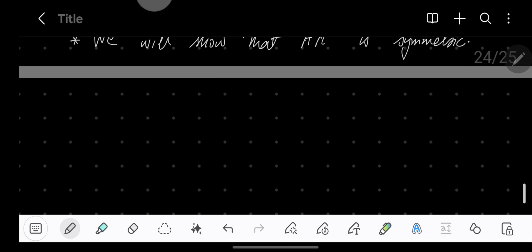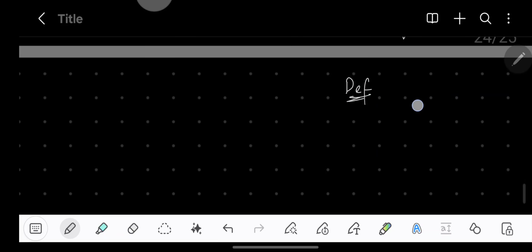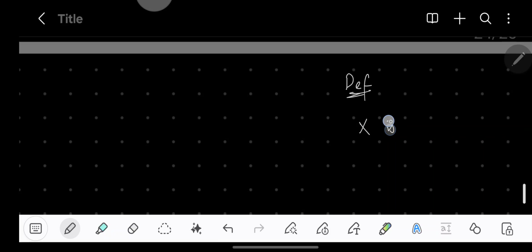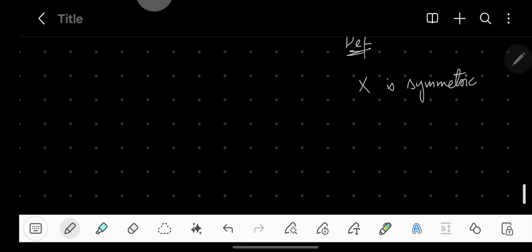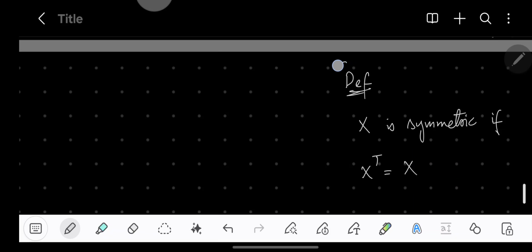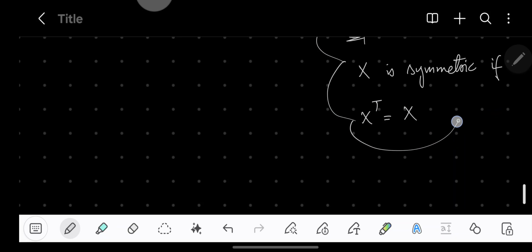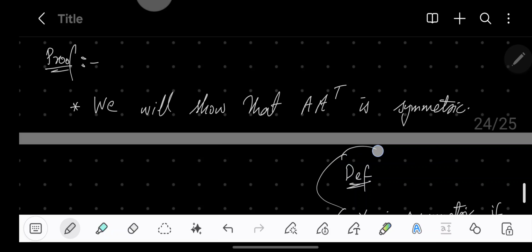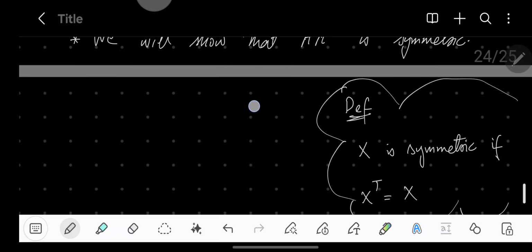Here is the definition of a symmetric matrix. The matrix X is symmetric if X transpose is equal to X. This is just for you to recall if you don't know.